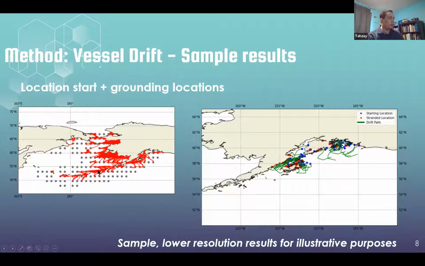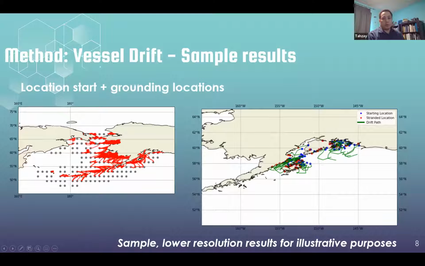And actually about 20% of the vessels, it didn't matter what month you looked at, would ultimately ground at some point within the 7 days. And it was particularly true if you were very close to shore. If the starting point of your grid was close to shore, you would have a very high likelihood of ending up grounded on shore.